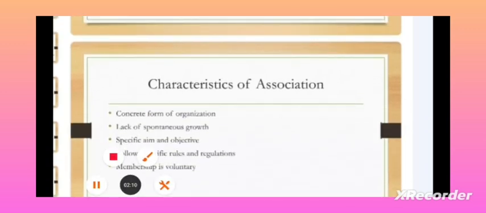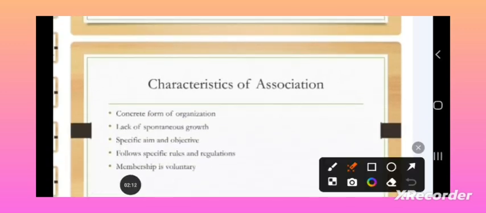Characteristics of association. Concrete form of organization. It has a clear structure, rules, and non-members. It's a visible entity, not just a vague feeling or relationship web.